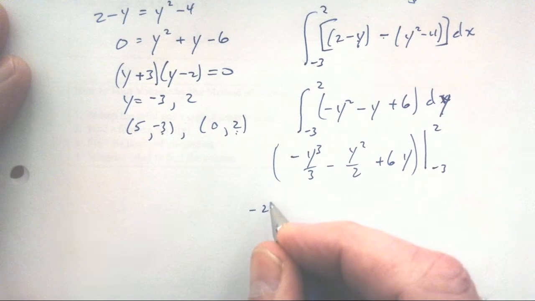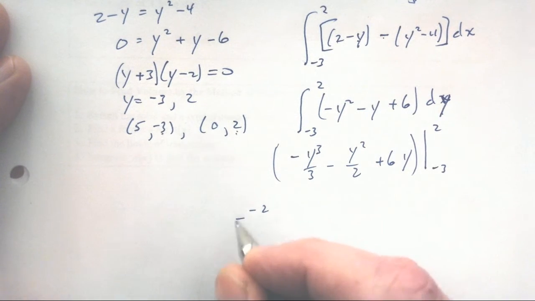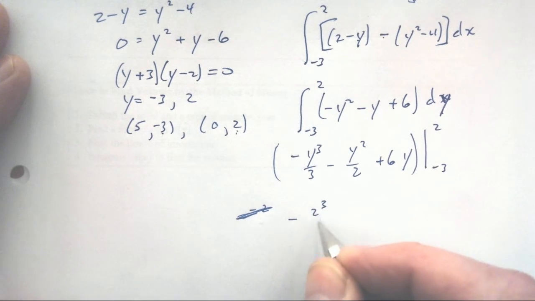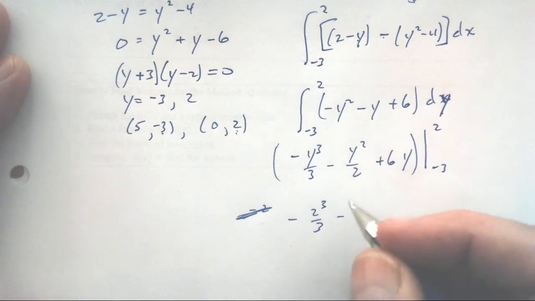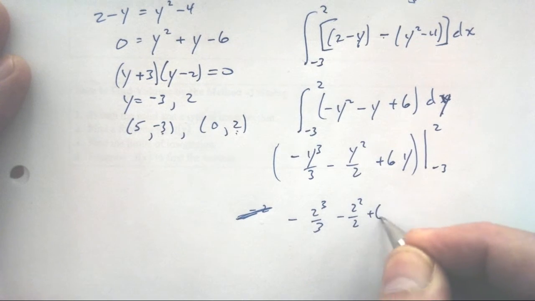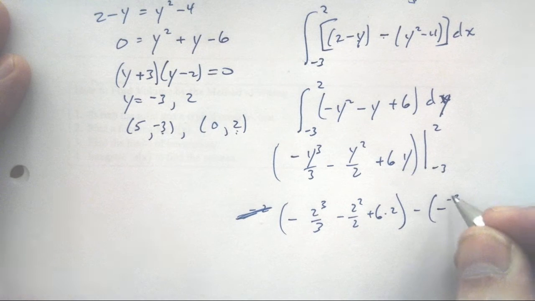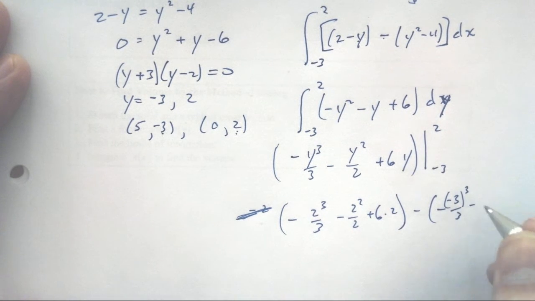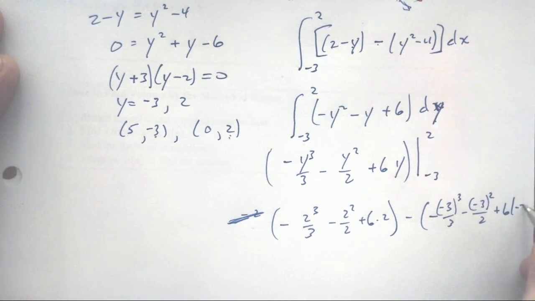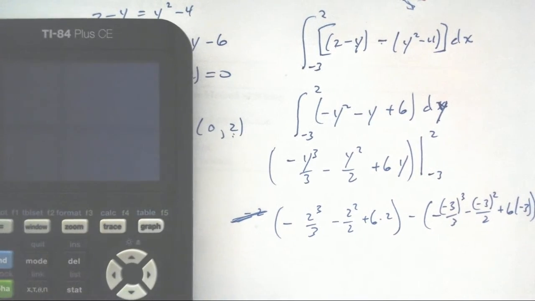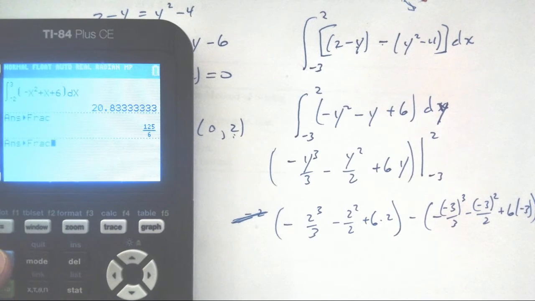Put in 2, the opposite of 2 cubed on 3, minus 2 squared on 2, plus 6 times 2, minus put in negative 3, the opposite of negative 3 cubed on 3, minus negative 3 squared on 2, plus 6 times negative 3.